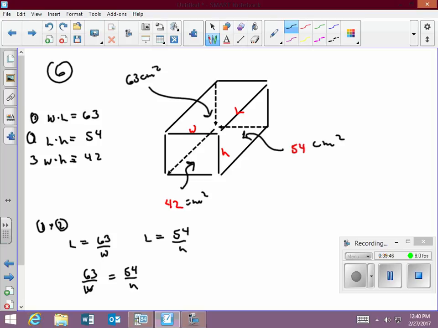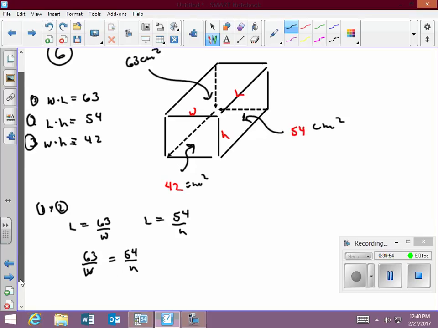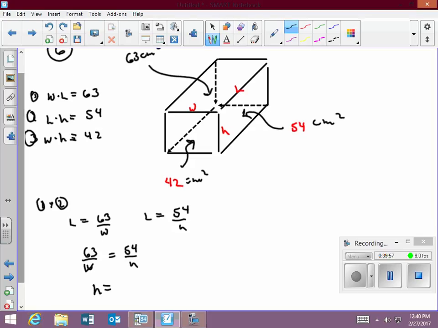Because this equation 3 has both width and height in it, I'll just take this and go h equals 54 width over 63. Then I'll take number 3 and substitute for h. So it's width times height, which is width times 54 w over 63 equals 42.